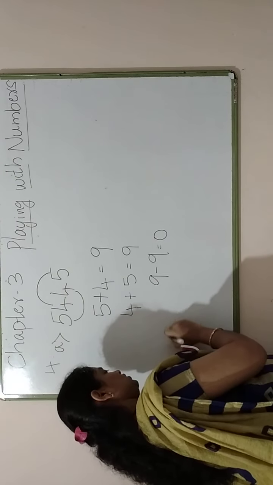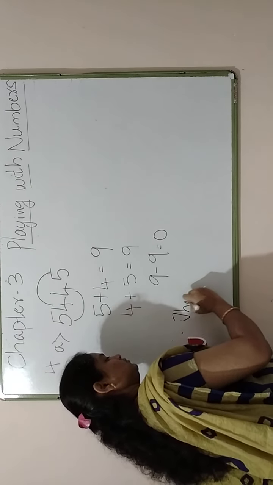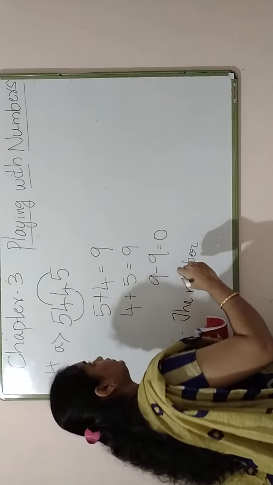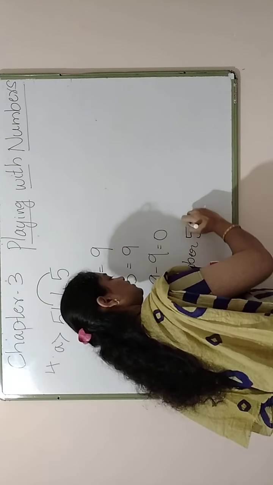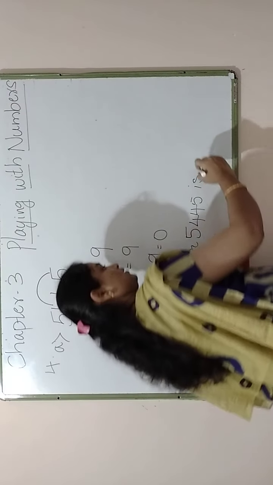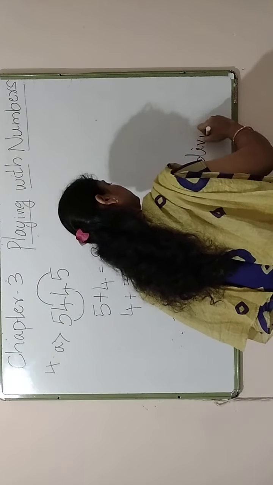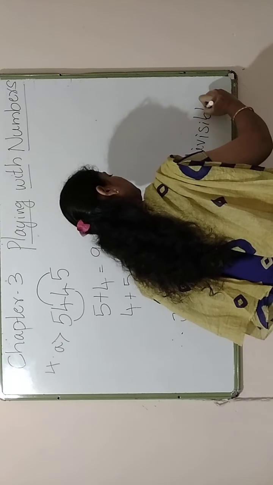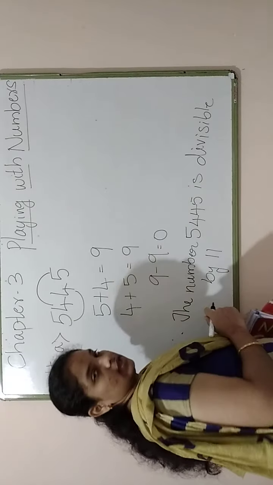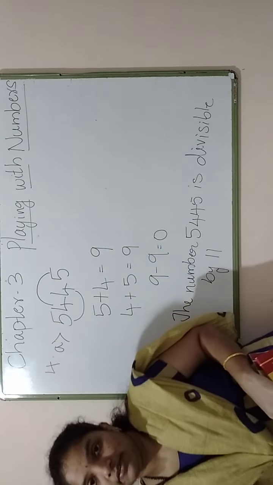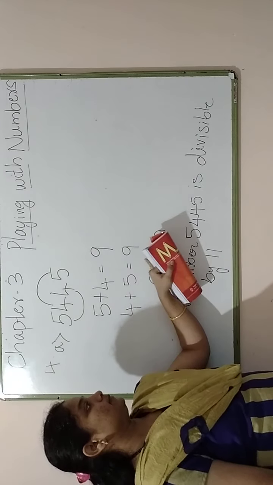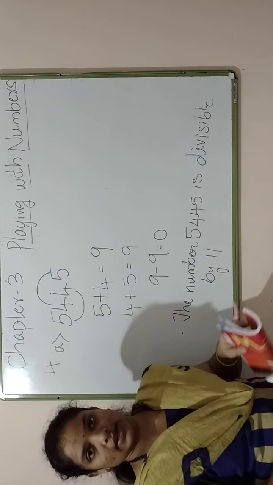Okay, so therefore the number 5445 is divisible by 11. Okay, so simple, you don't have to divide and check whether it is divisible or not. When you check this one, you will come to know whether it is divisible by 11 or not.